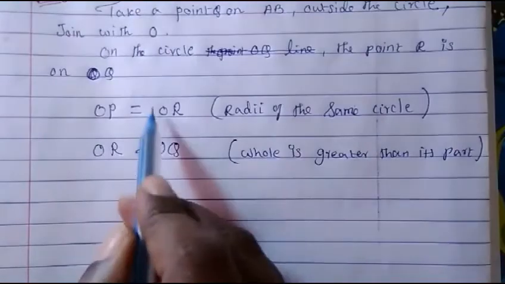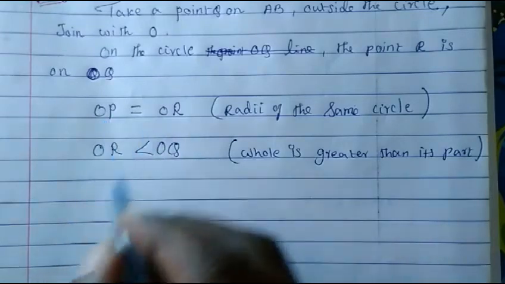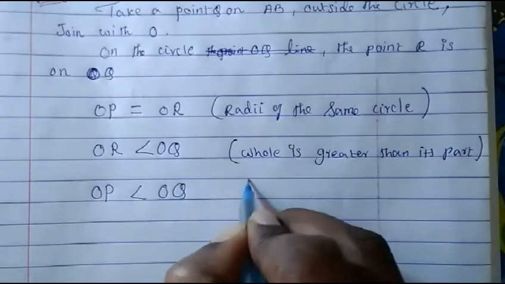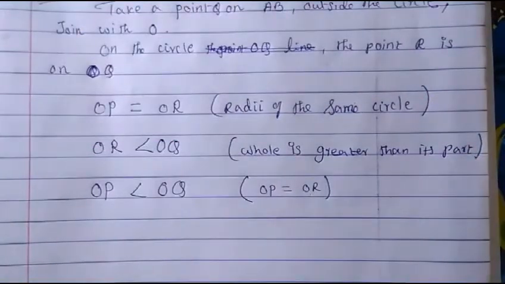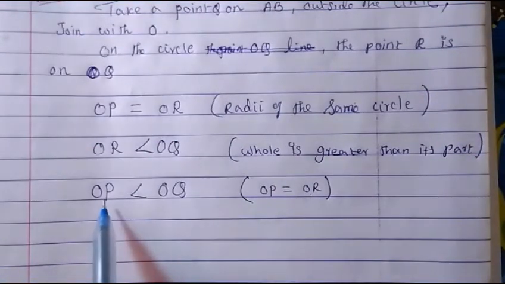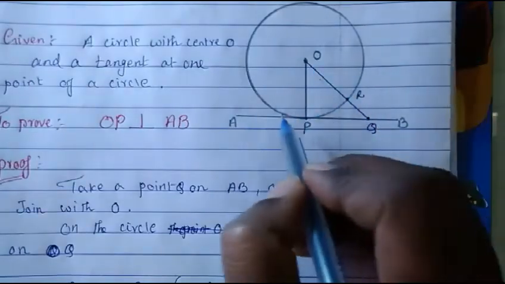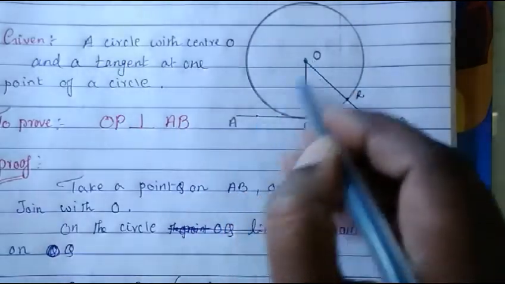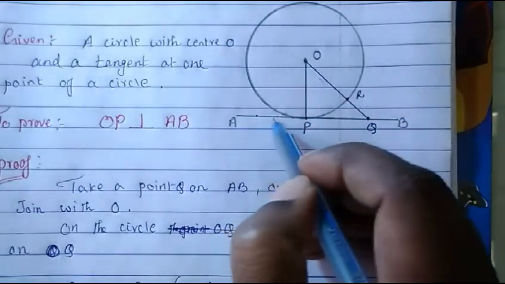Now, OP is equal to OR, so instead of OR we can write OP. We have proved that OP is smaller than OQ. If I take any other point here, here, or here, and join it with O, OP will still be smaller, because these points are outside the circle.